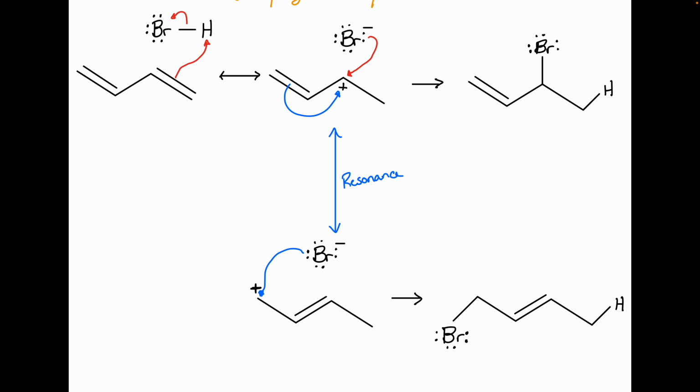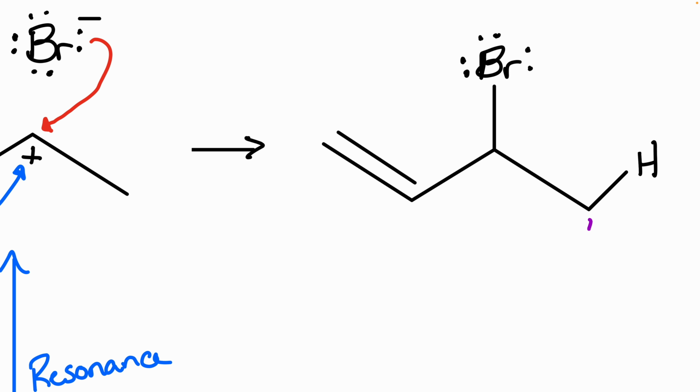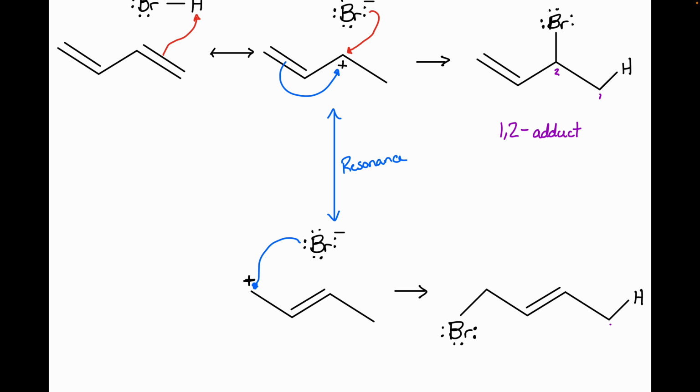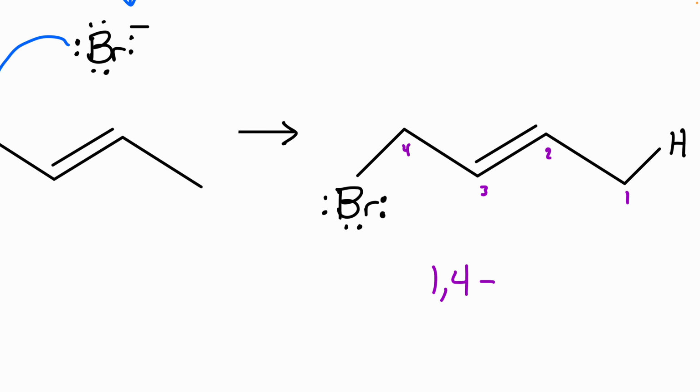We call this first product our normal old nothing special product that we would expect just based on what we learned about electrophilic addition to alkenes. We call this the 1,2 adduct because the hydrogen and the bromine are added 1,2 carbons apart, and an adduct because it's an addition product. So this is our 1,2 adduct. All right, our other product we call our 1,4 adduct because the hydrogen was added 1, 2, 3, 4 carbons away from the bromine.